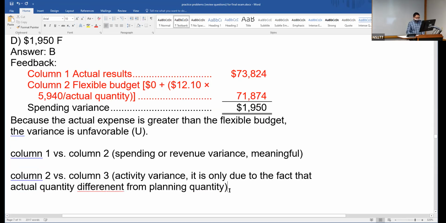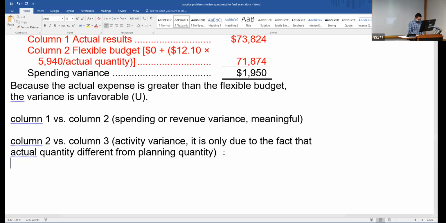And that's why I summarize this so that you can memorize it very well. When we are comparing column 1 and column 2, the number on the left-hand side is column 1. And if we are comparing the numbers in column 2 with column 3, the left-hand side is column 2.